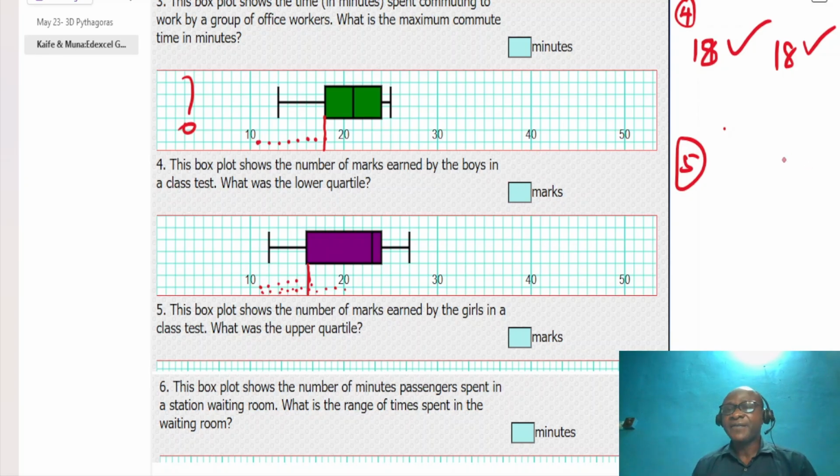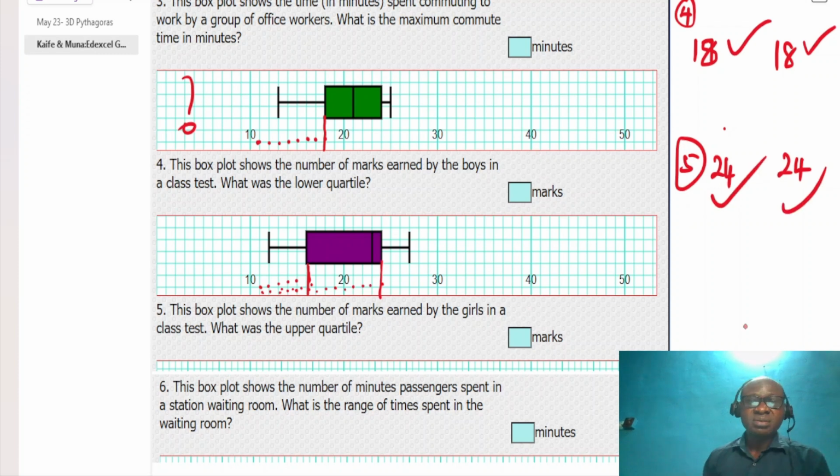Taife? 24 also. Okay, let's estimate it. This is the upper quartile here. So we count 1, 2, 3, 4. Both of you are correct. Mark it.